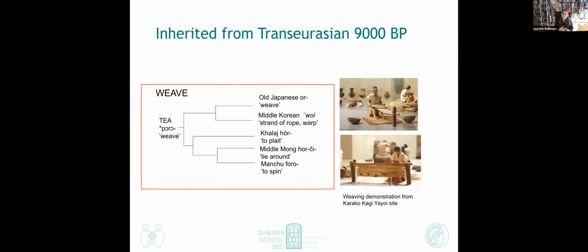And then we also have a weaving verb, which is illustrated here. So that's spinning and weaving. So basically, we can say that our speakers of Proto-Trans-Eurasian were sedentary. They practiced millet agriculture.